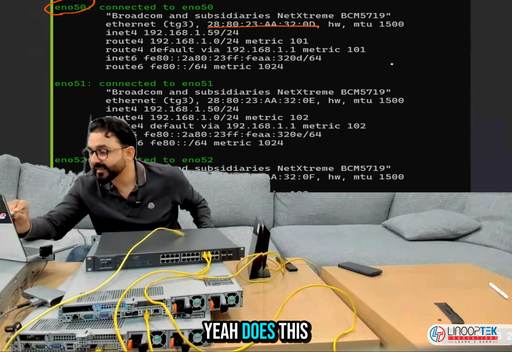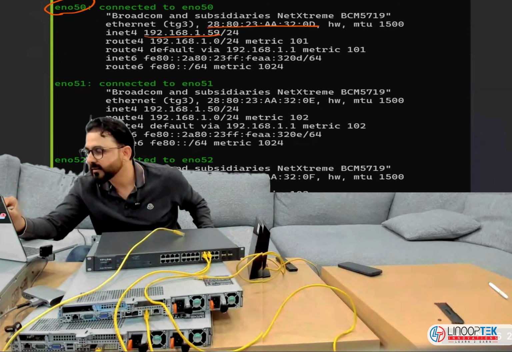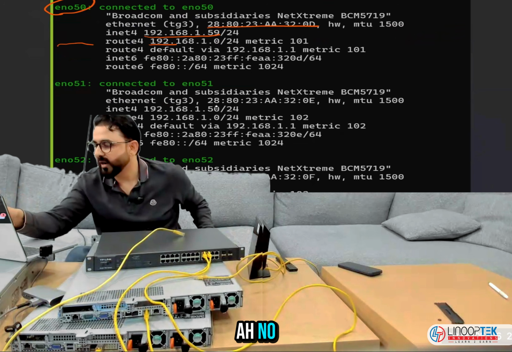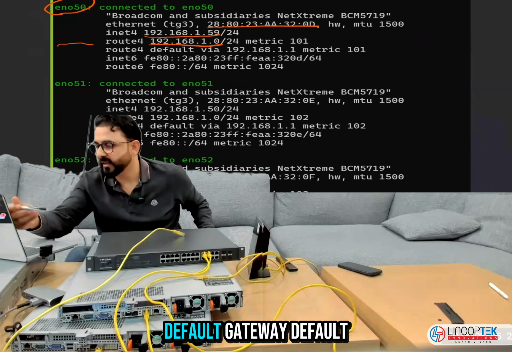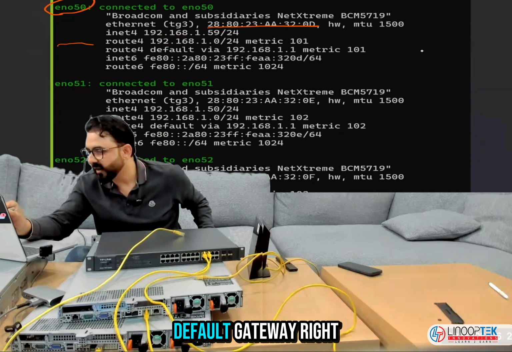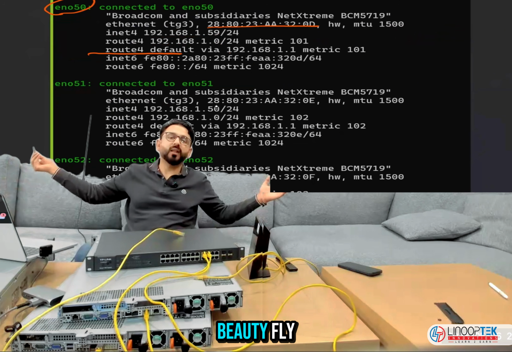Yeah. Does this network card have the default gateway? Right over here. Default gateway. Look for the default. Default gateway right over here. Beautiful.